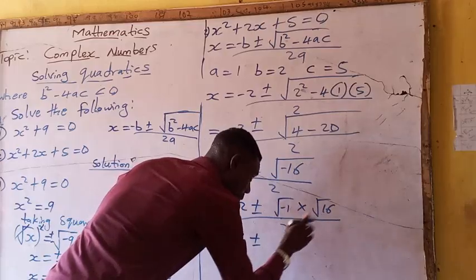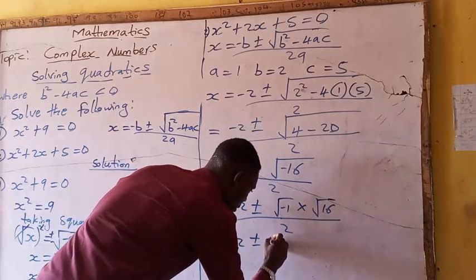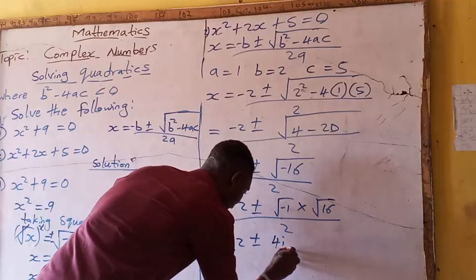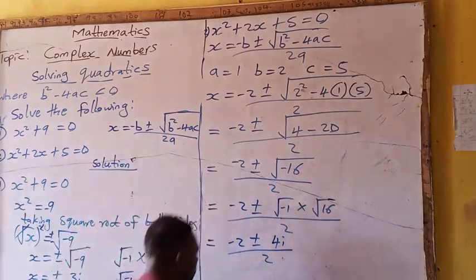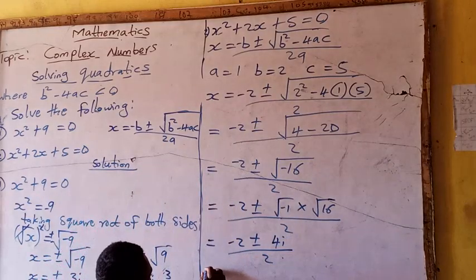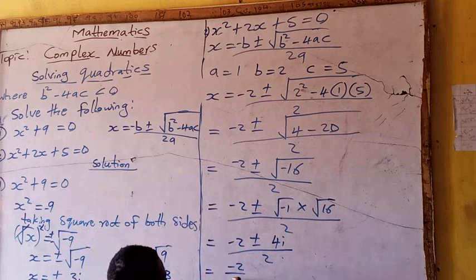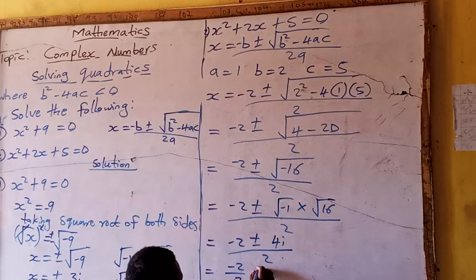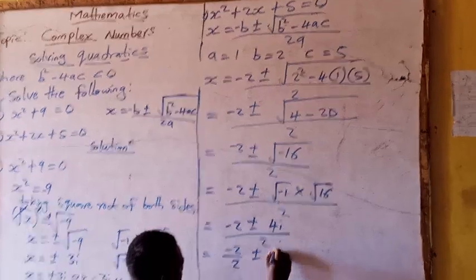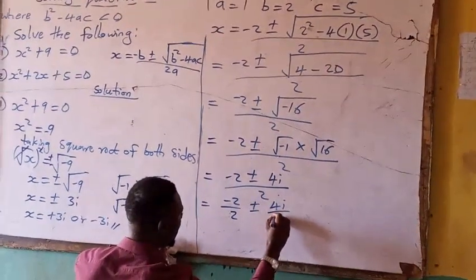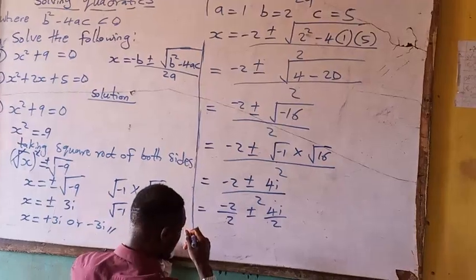What is the square root of 16? Square root of 16 is 4. So you have 4i all divided by 2. So we have two values there, which is equal to minus 2 all over 2 plus or minus 4i all over 2.